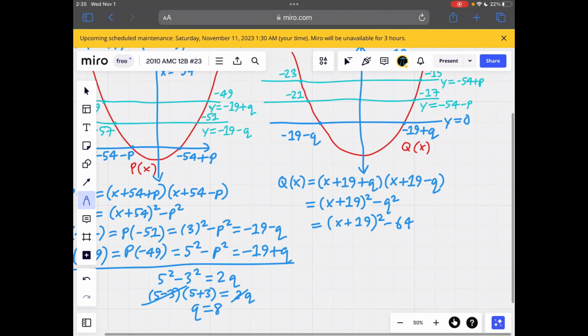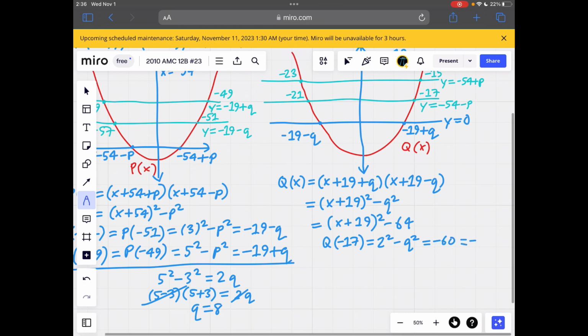Those should be equal to minus 54 minus p and minus 54 plus p, respectively. So we have Q of minus 17 or Q of minus 21. Either way, it's equal to 2 squared minus 64, or 4 minus 64, negative 60.